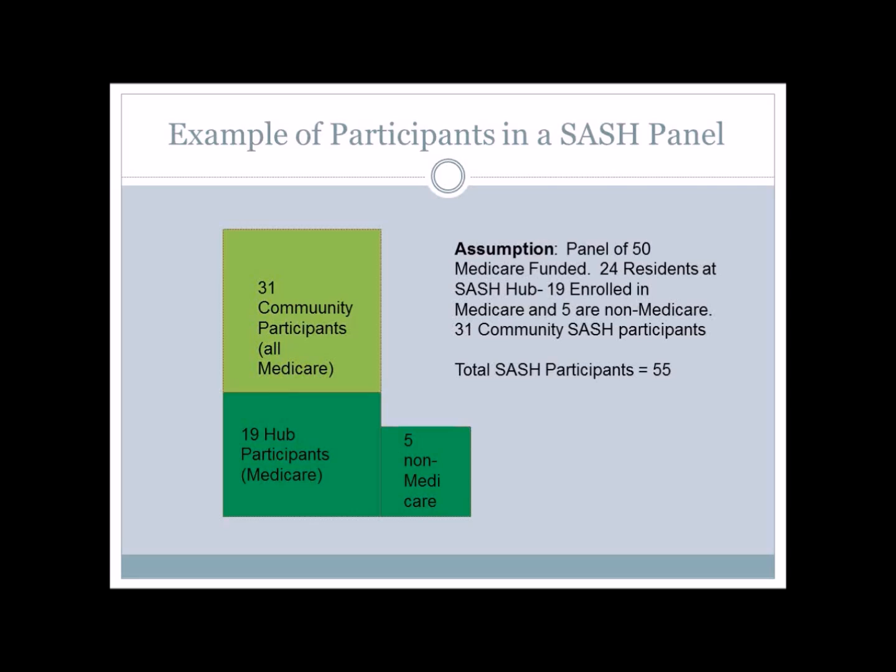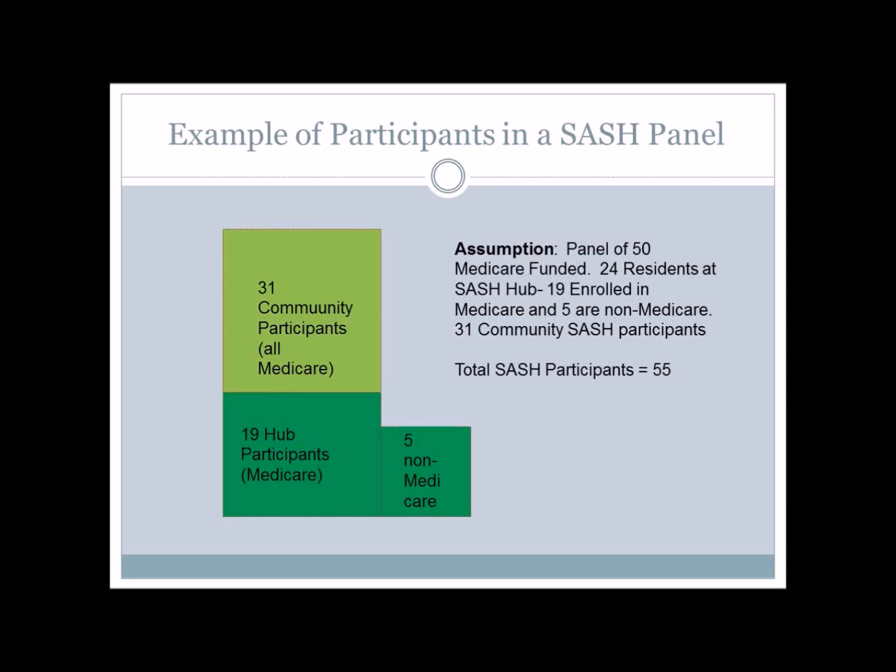So they knew right away that they were going to have to serve more than just those 24 residents, and they would have to go out into the community. But what they didn't know was how many community participants they were going to need, because you have to know not only how many residents are in your congregate housing hub site, but how many of those are Medicare.